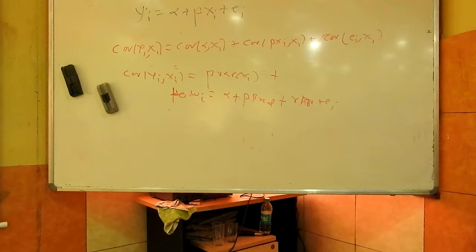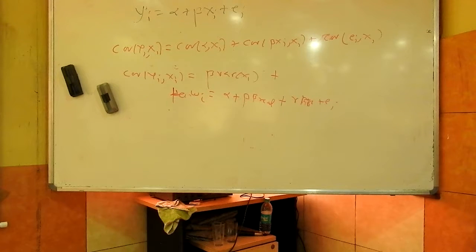EI is the gap between each individual y and the average of all those y's. So obviously this EI is an outcome of pure chance. EI takes that particular value because that particular individual has been chosen. But all those individuals are 18-year-olds, no? So what value EI takes has nothing to do with the fact that this kid is 18 years old.